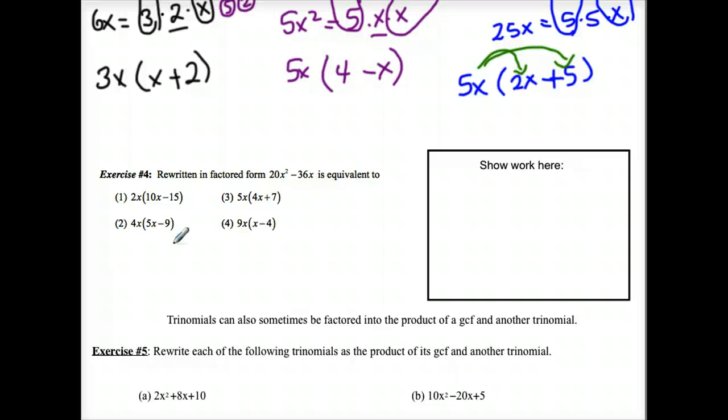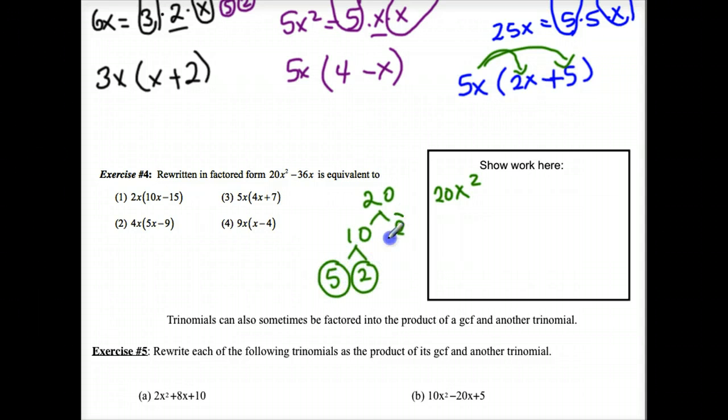Number 4 says, rewritten in factored form, 20x squared minus 36x is equivalent to which of the following? So, show work here. So, 20x squared. 20 broken down is 2 times 10. 10 is broken down into 5 times 2. And I like to circle my prime numbers. So 20 is 5 times 2 times 2.